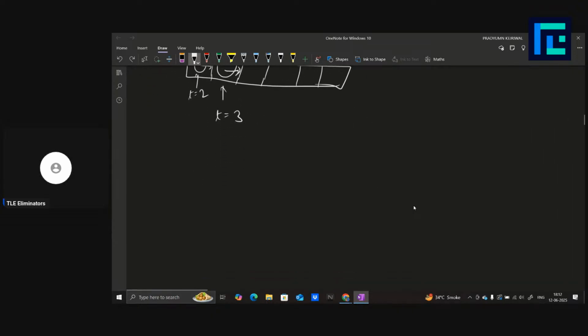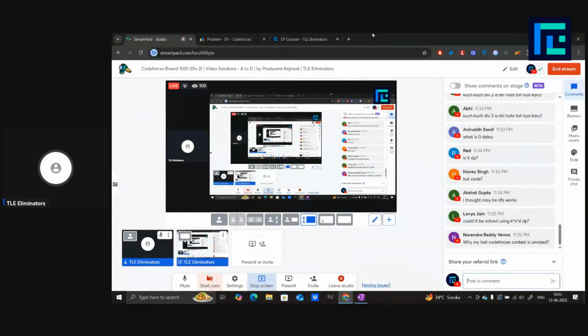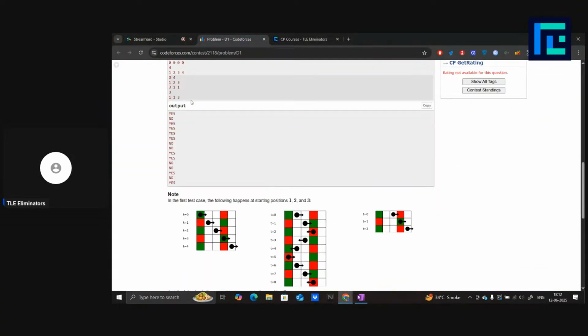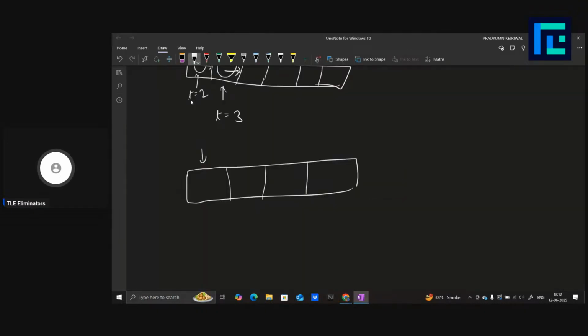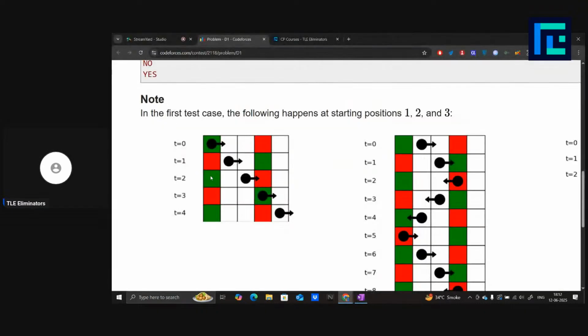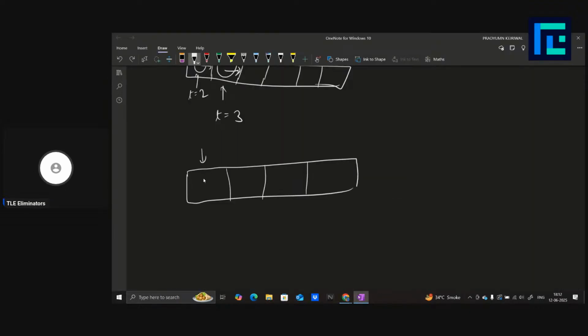Let's see the test case. We have a strip where we have a light at position 1, and for it the delay is 1. That is, it will glow up at time t equal to 1, and for us k equal to 2.